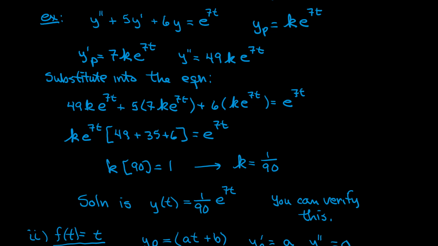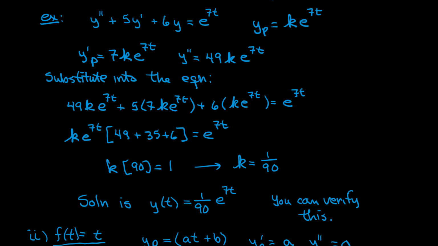We can take these and substitute these into our original equation. Now, the thing to be careful of is when you substitute in for y prime, there is a coefficient of 5. And when you substitute in for y, there is a coefficient of 6. This is going to change our computation of what the formula for k is going to look like.